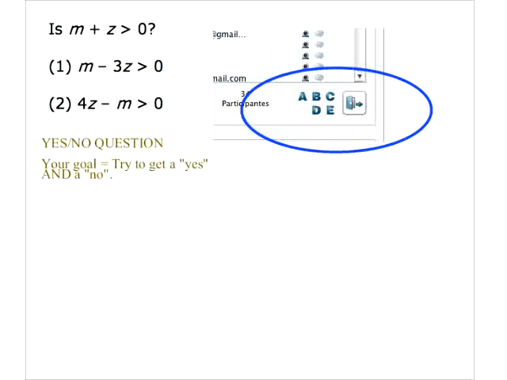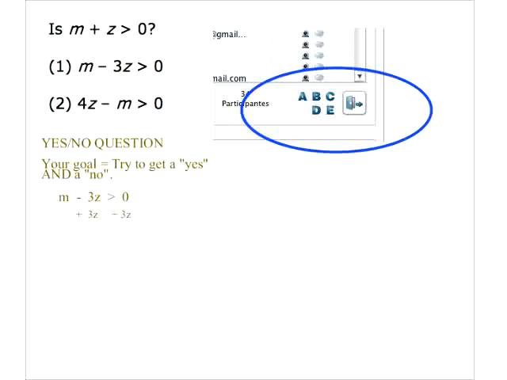m minus 3z is greater than 0. One way to handle this is to add 3z to both sides. You don't have to do this, but having a difference greater than 0 is not as straightforward as when you move the other object over the other side. So plus 3z on both parts.